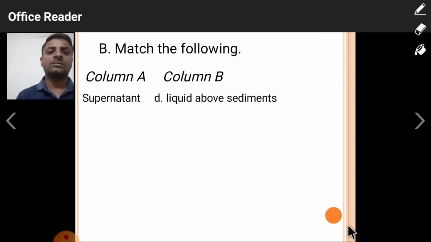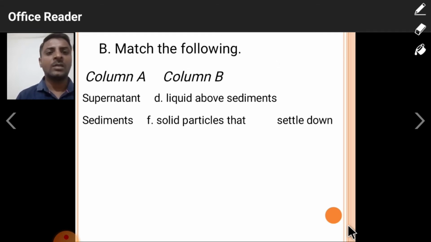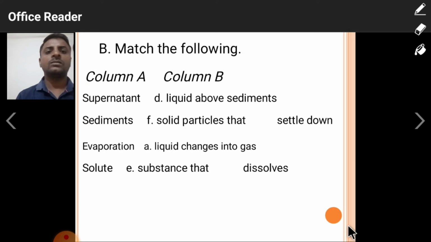Supernatant, liquid above sediments, and sediments, solid particles that settle down. Evaporation, liquid changes into gas. Solute, substances that dissolve like sugar and salt.